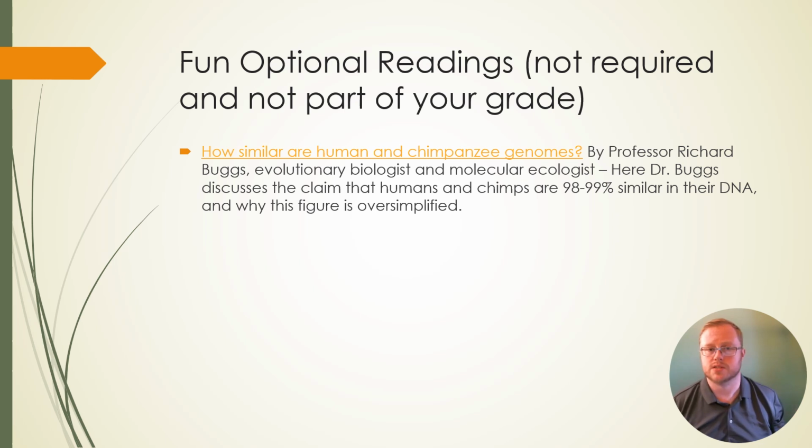So Professor Richard Buggs, he's an evolutionary biologist and a molecular ecologist, he explains that he thinks that when everything is really said and done with a lot of these analyses, humans and chimps will probably turn out to be closer to 85% the same.